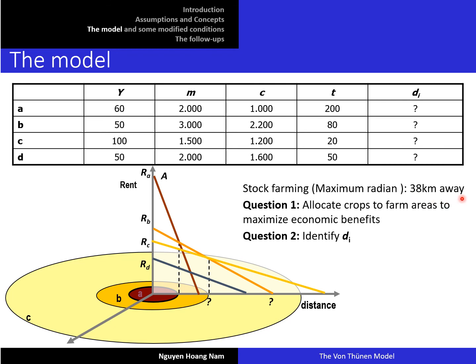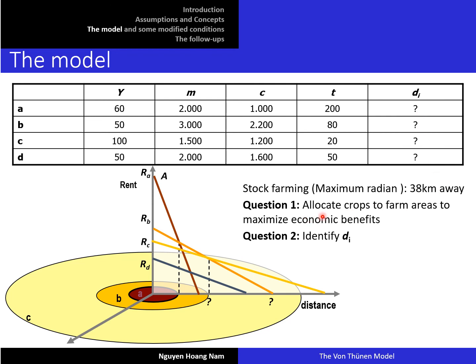So if it's further than 38 kilometers away from the city center, then it's not sensible to grow anything. And with crop A, 60 is the yield of crop A, M is the market price, C is the cost of production, T is the transport cost of crop A, and D is the distance to the city center, and D is actually our question.